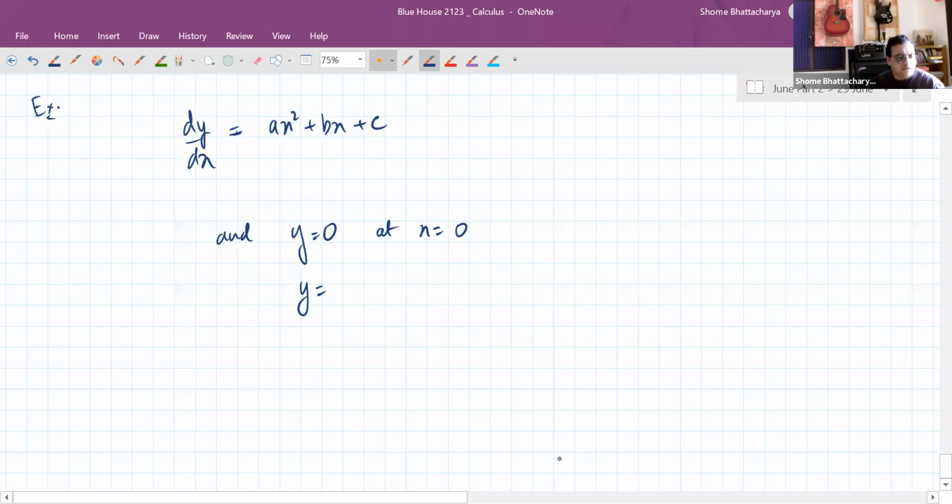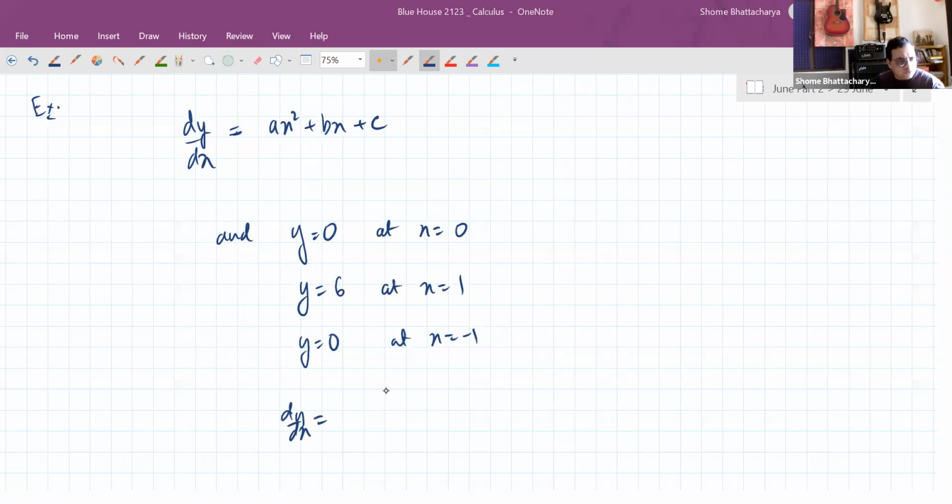Additionally we had y equal to 6 at x equal to 1, and y equal to 0 at x equal to minus 1. And again we had dy by dx equal to 2 at x equal to 0. From this, we wanted to find a, b, and c.